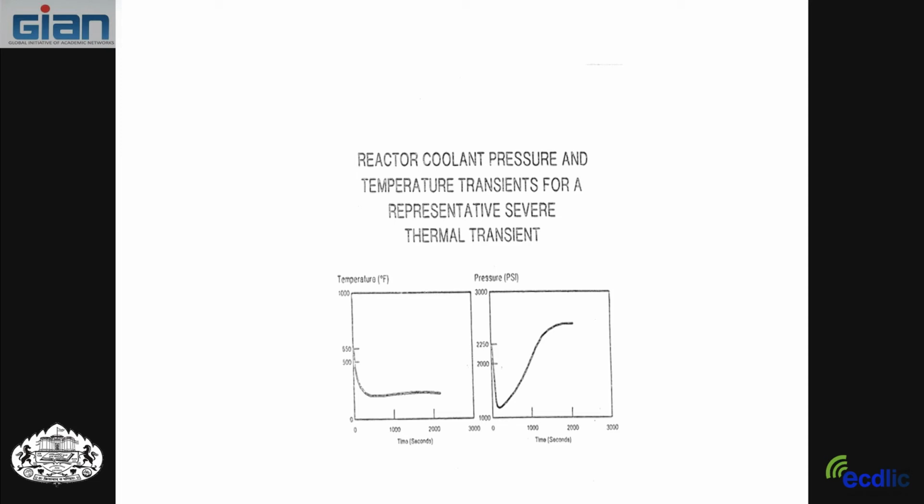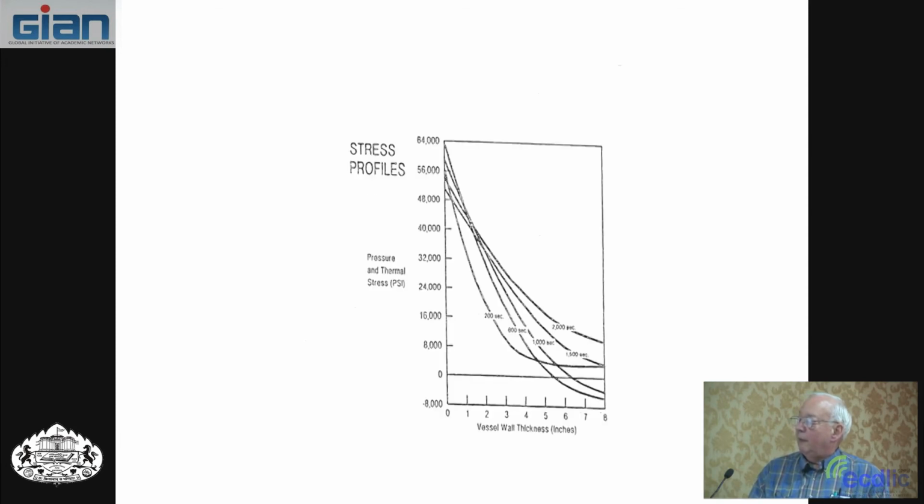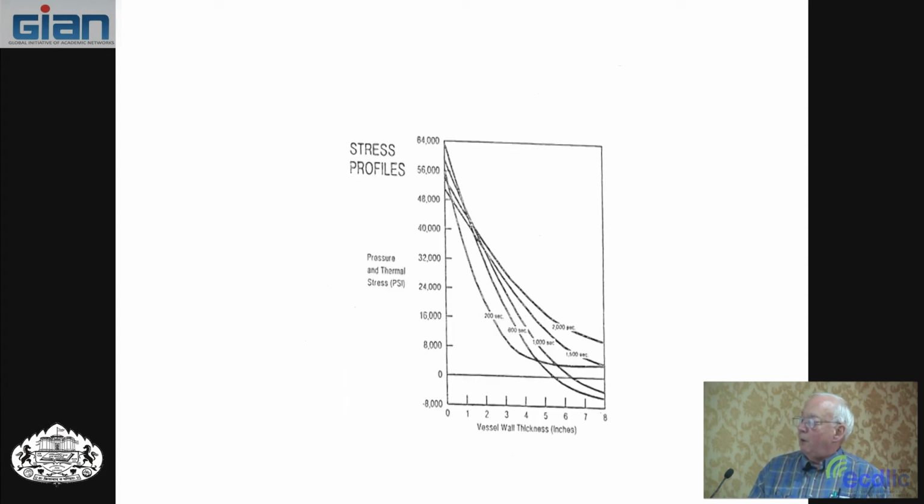So this is time in seconds. So 2,000, 3,000 seconds is several minutes, a good part of an hour, but not a whole hour. And what happens here then, the pressure is dropping, but then comes back again due to some method that I don't understand. So with time, with this change in temperature, change in pressure, you get stress profiles.